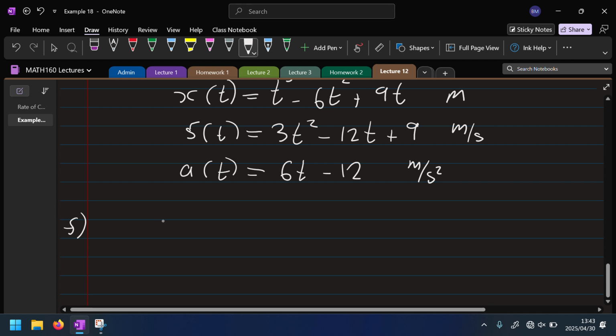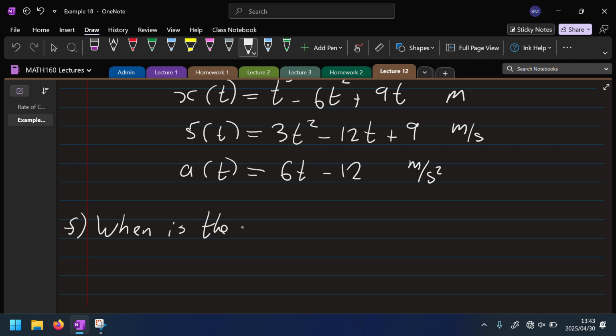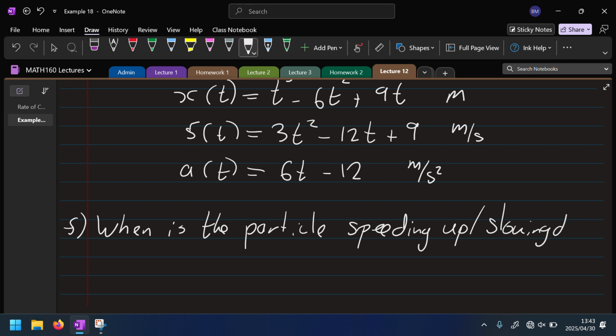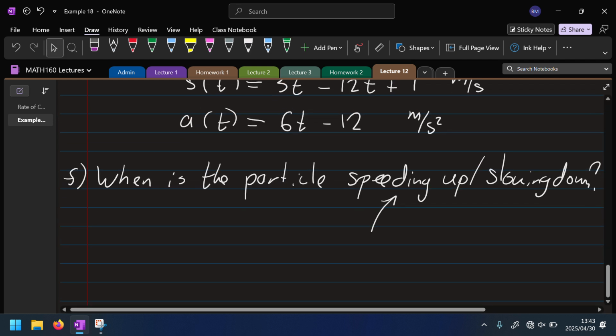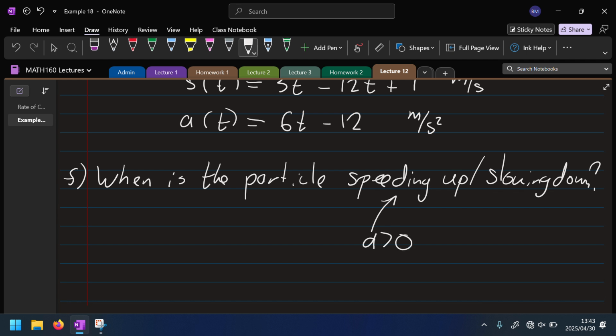When is the particle speeding up or slowing down? Speeding up means an increase in your speed, and you can only increase your speed if you have positive acceleration, so a must be greater than 0.